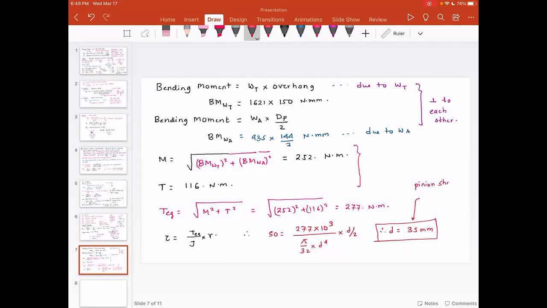You have to repeat the same process and design the gear shaft. So it's exact same procedure. You have to find out the value of WA. The only difference here is here we used diameter of the pinion.